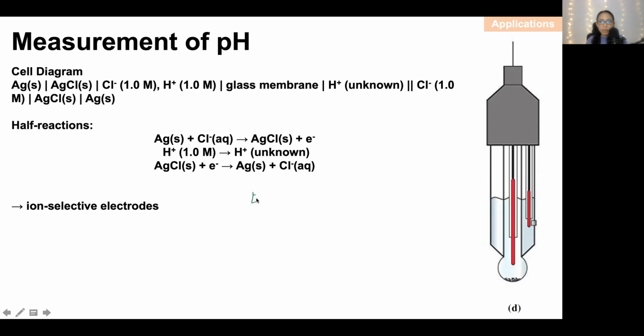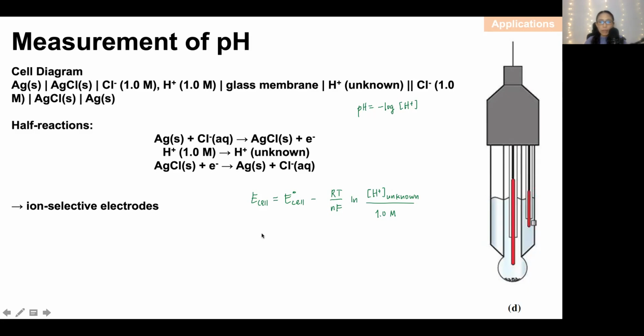So we have E cell equals E naught cell minus RT over nF ln of the concentration of the unknown, which again is your liquid sample, over 1 molar. Now, since we have the definition of pH as the negative logarithm of hydrogen ion concentration, it's more convenient if we convert this ln to logarithm.